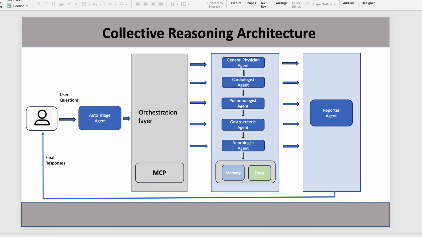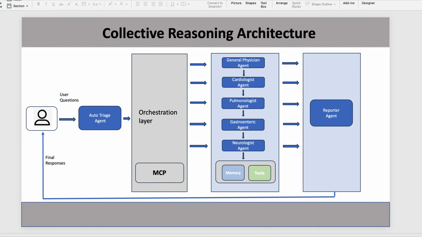The specialists discuss and challenge each other's opinions, just like real doctors in a hospital case review, until they agree on the best answer. Then shared memory and tools. All the specialists share a common memory to remember patient details and past notes, and tools to check lab results, medical databases, and run calculations. So their answers are based on solid facts.